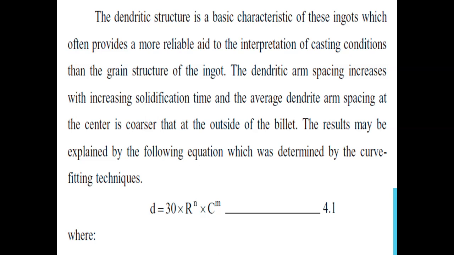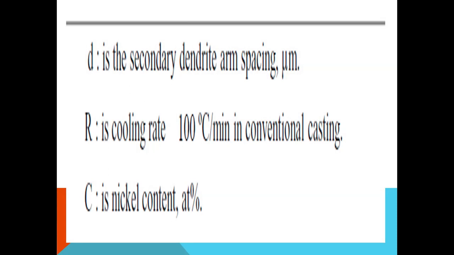D, dendritic arm spacing, equals 30 times R, rate of cooling, to the power n, times C to the power n, where D is the secondary dendrite arm spacing in micrometers, R is the cooling rate, 100 degrees Celsius per minute in conventional casting, and C is nickel content in atomic percent.